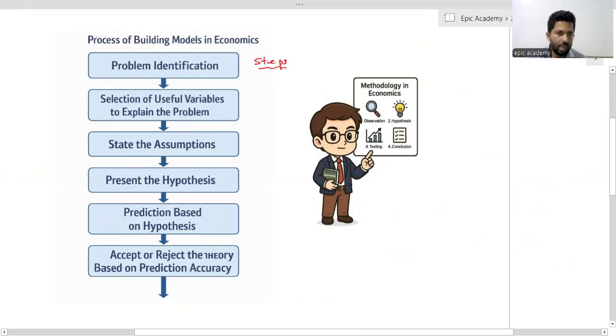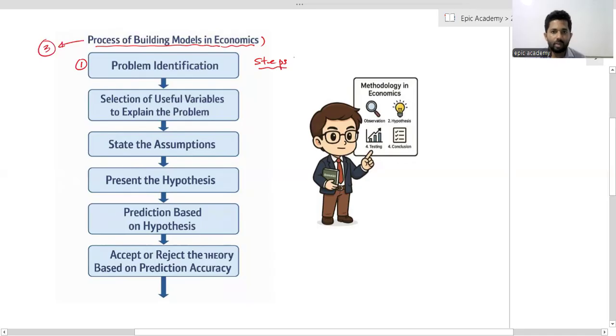This is the methodology, the exact methodology. We already discussed the three main steps and components related to building a model. Methodology is the process of building methods, modeling the subject of economics. First of all, we have to identify the problem identification.